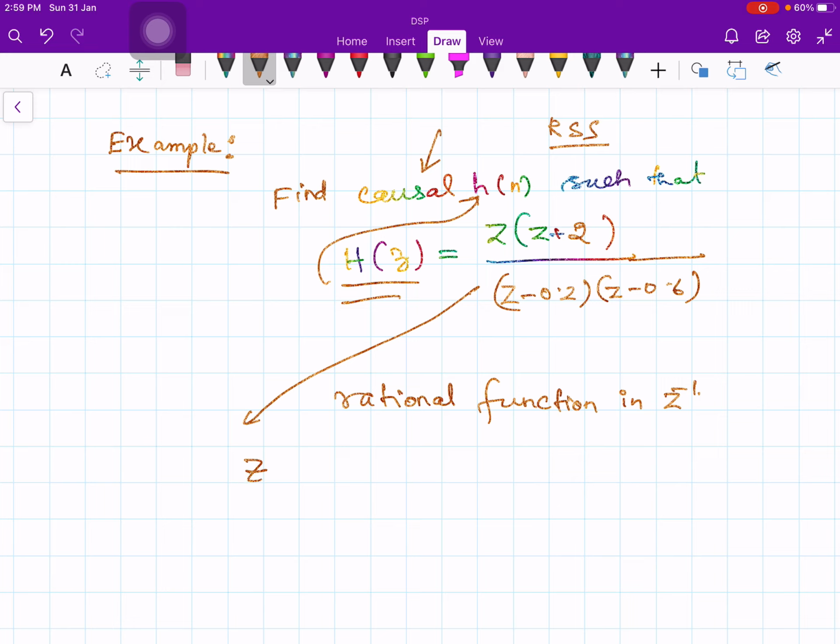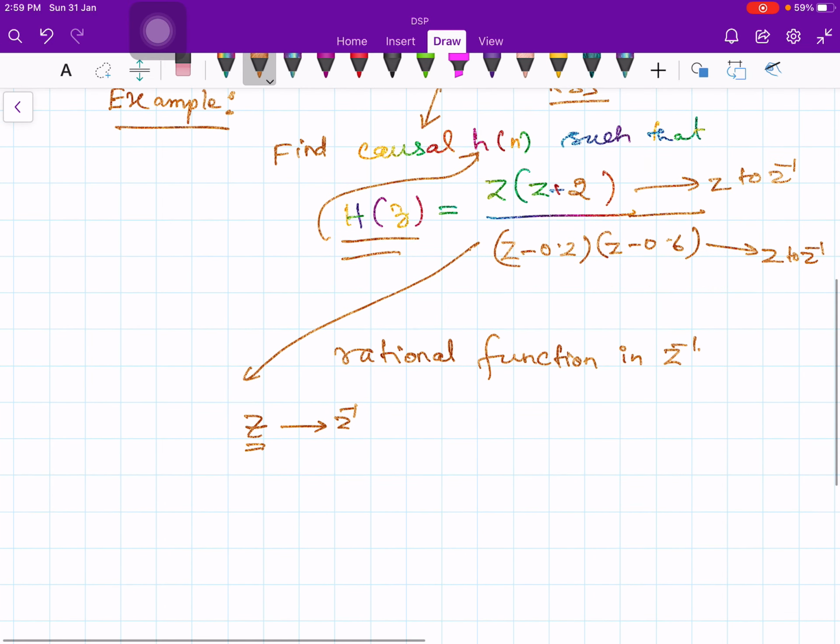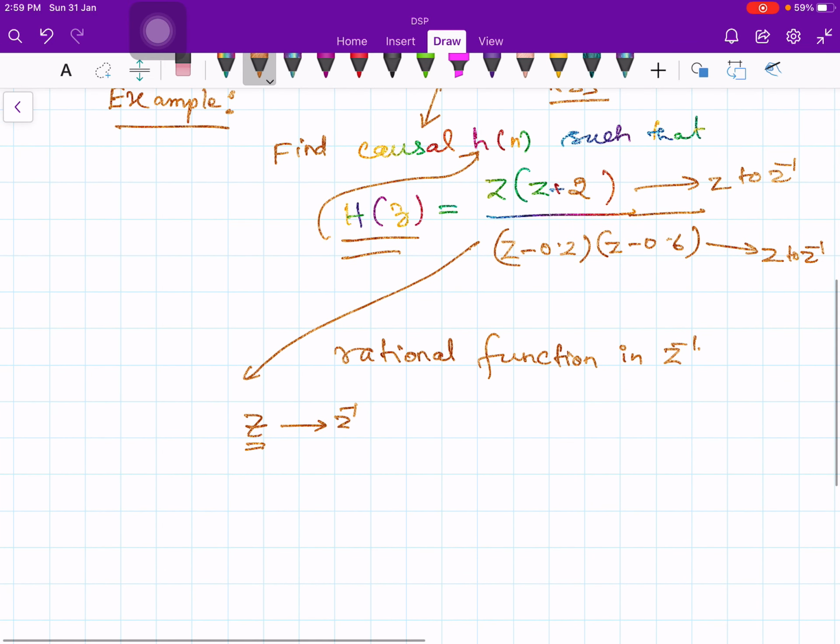Therefore, I need to convert the numerator polynomial from z to z inverse, and the denominator polynomial also from z to z inverse. If you look at the numerator and the denominator, you have second degree polynomial. So therefore what you do is you divide by z square both the numerator and denominator.